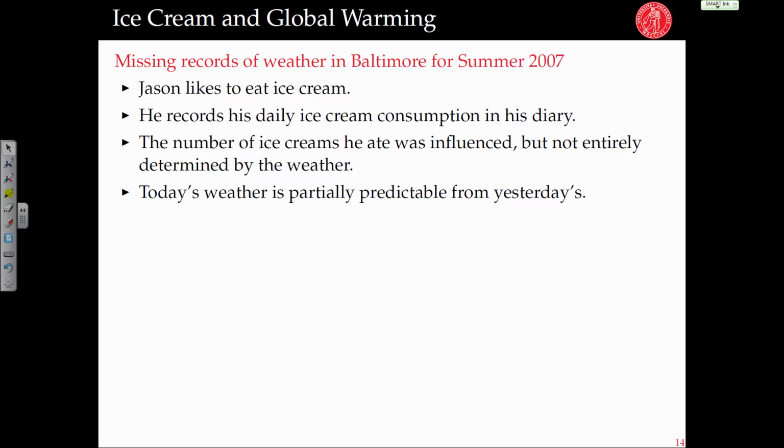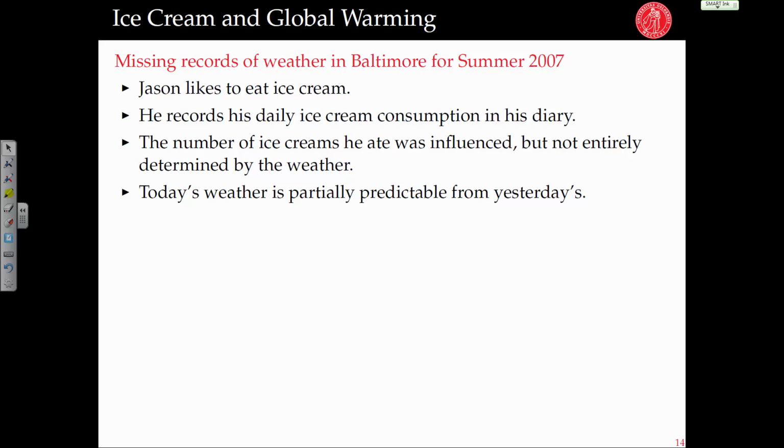For each day, he would write down how many ice creams he ate. This daily record of ice cream consumption would help us somehow uncover the weather in the summer of 2007 in Baltimore, because we know there is a relation between the number of ice creams eaten per day and the weather.